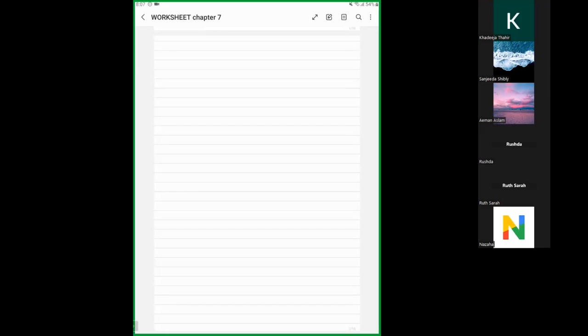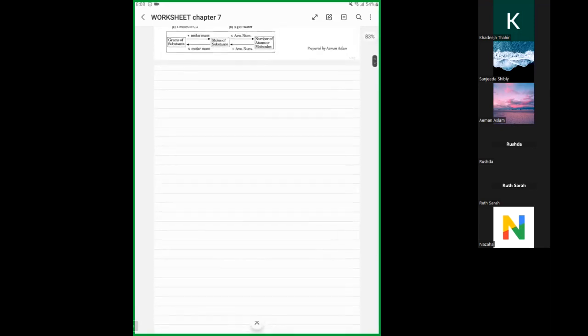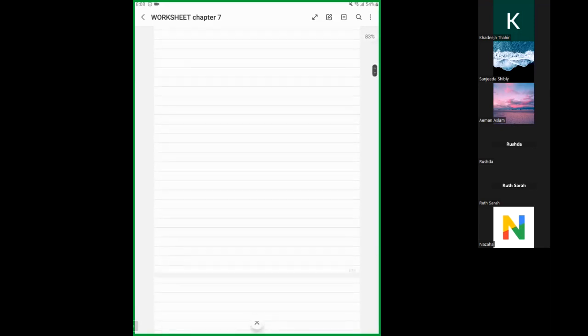So that's what we're going to be discussing today: relative atomic mass, relative molecular mass, then what is a mole, what is molar mass, and then an equation that you have studied about Avogadro number, right? So that's what our discussion today is mainly going to be revolving around.